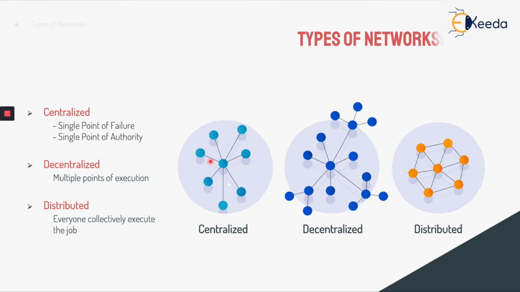There are two problems when it comes to centralized networks. The first one, as you can see here, is called single point of failure. What is a single point of failure? Suppose I was a hacker. I want to hack this centralized system. What do I do? I don't need to go to each and every node and hack any of these outer nodes.